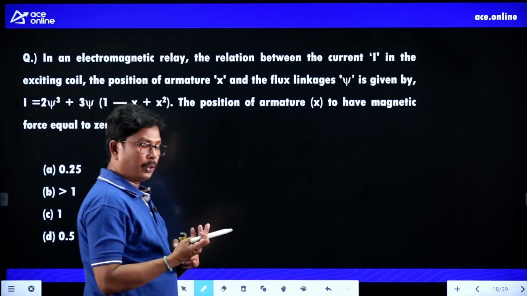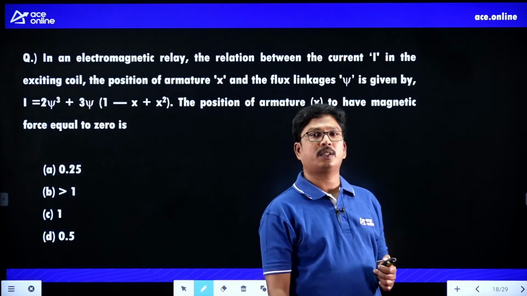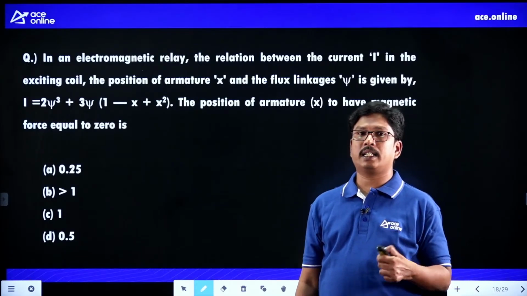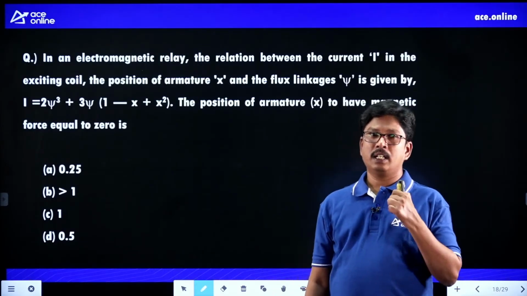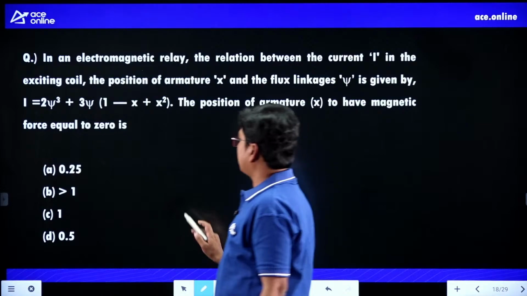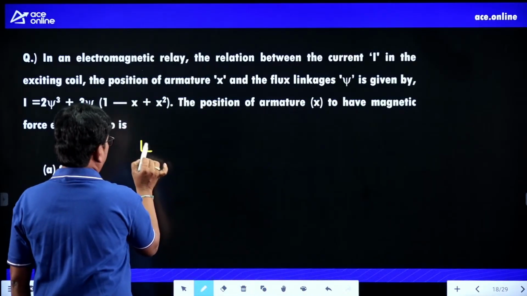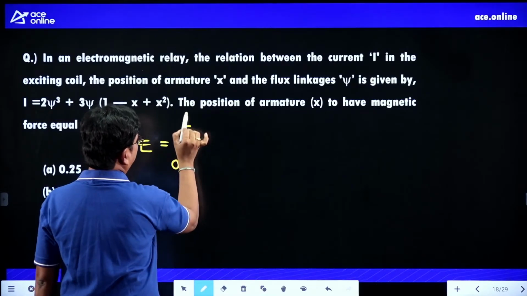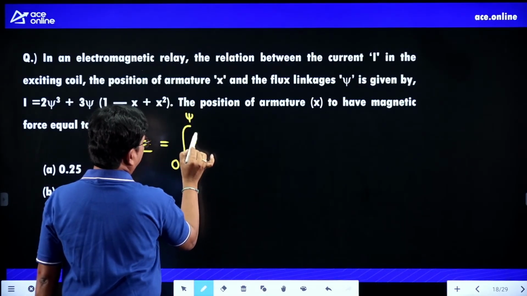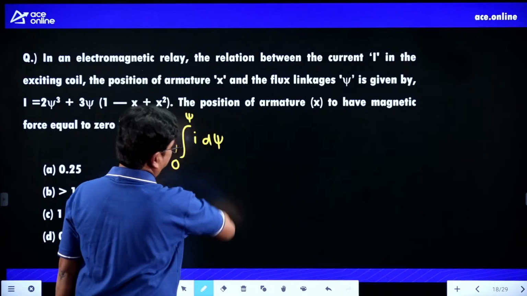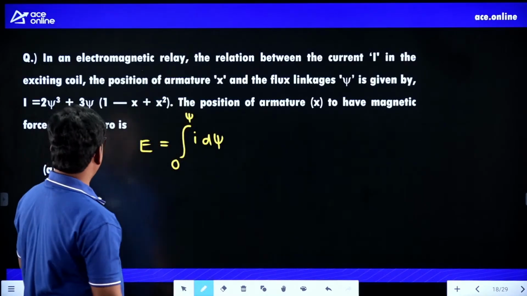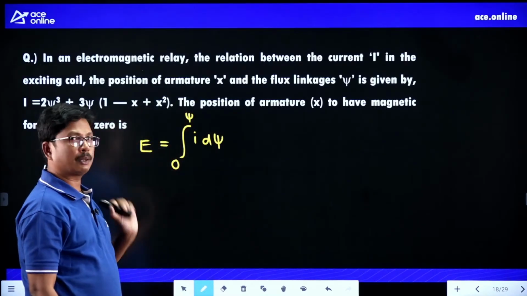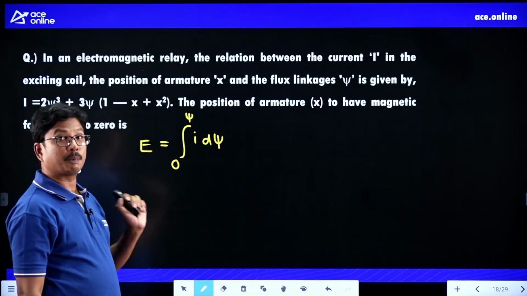Tell me, students, how to calculate the total energy. The total energy present in the electromagnetic coil will be the integration from 0 to psi of I with respect to d psi. So integrate this equation with respect to psi.